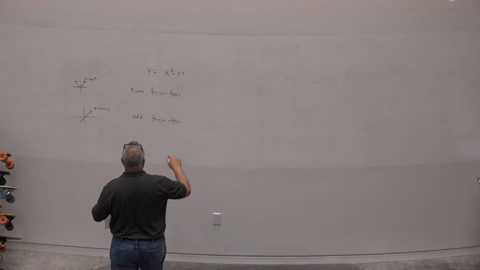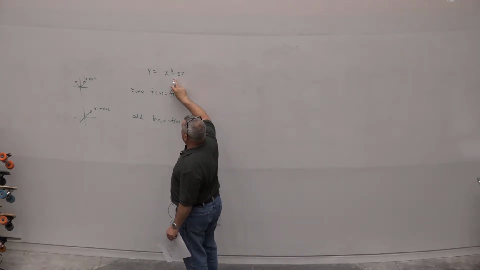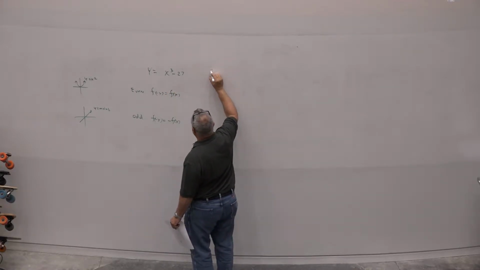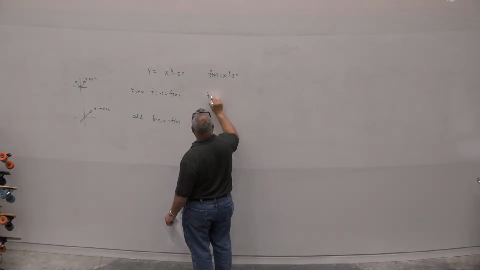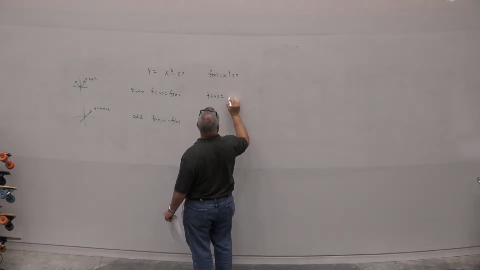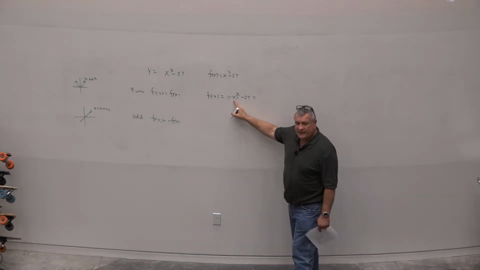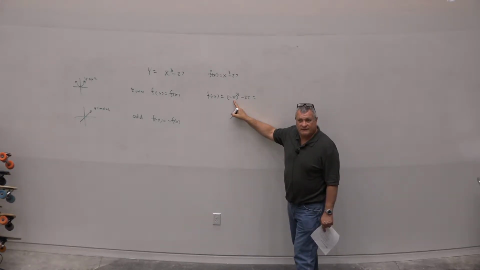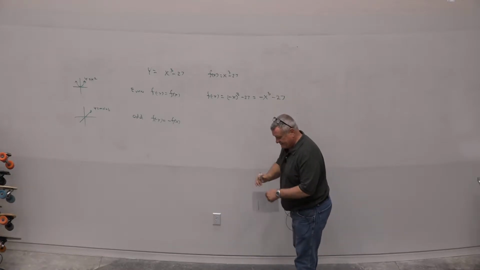Let's check it for even. We're going to grab this. This is what the function normally looks like: f of x equals x cubed minus 27. I need to take f of minus x equals minus x cubed minus 27. And when I do that, what do I get here? I get negative x cubed minus 27.